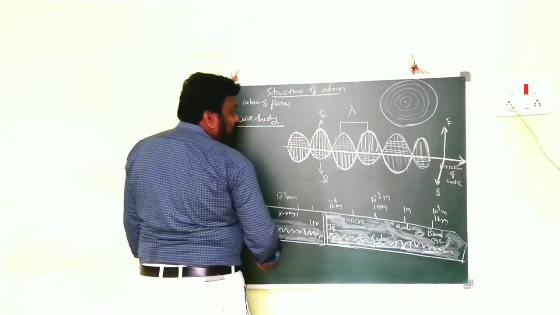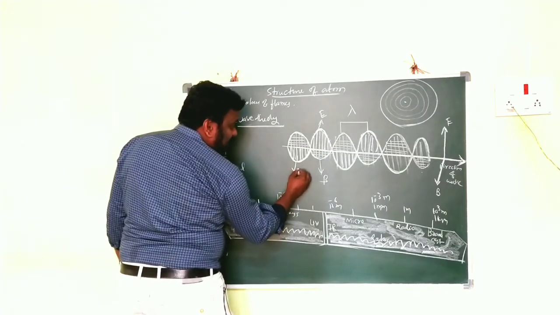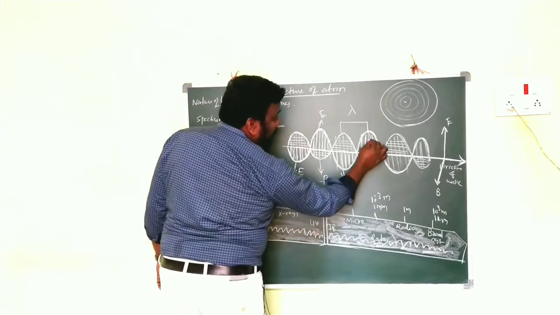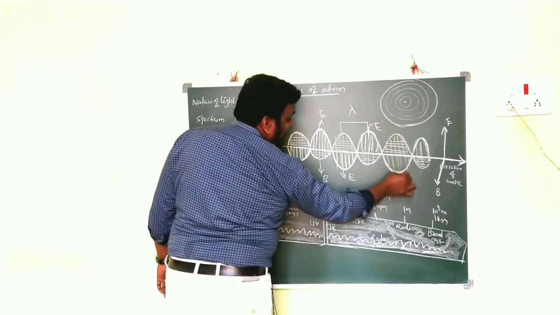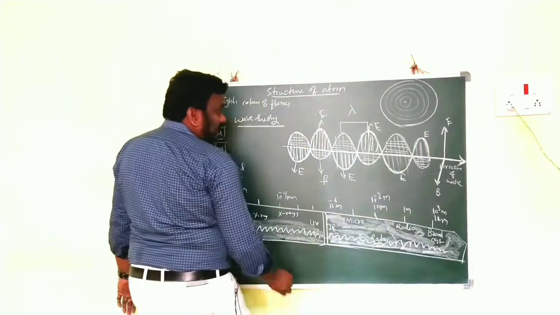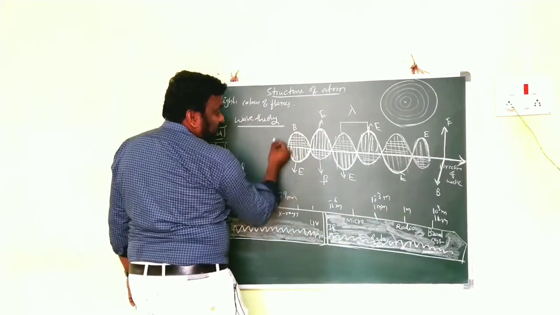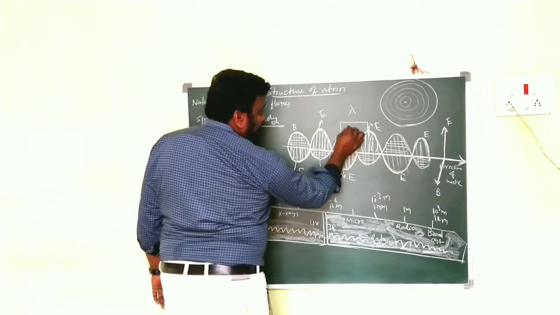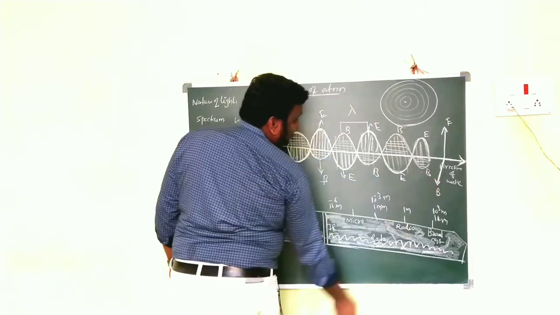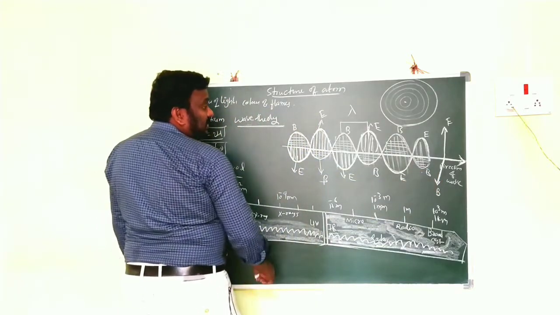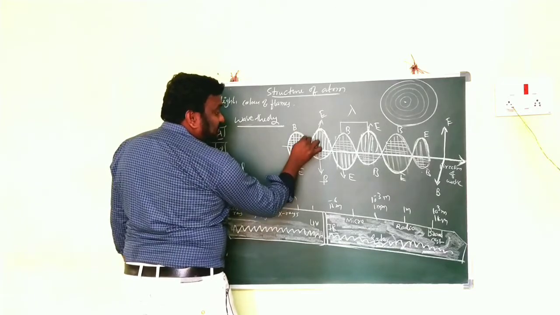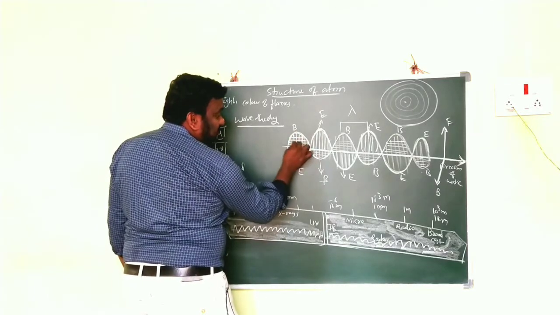To understand this, simply here I am showing this is electric, this is electric, and this is electric. Again, this is magnetic, magnetic, and magnetic. In your textbook also, the magnetic field vector is shown with crosses like this.